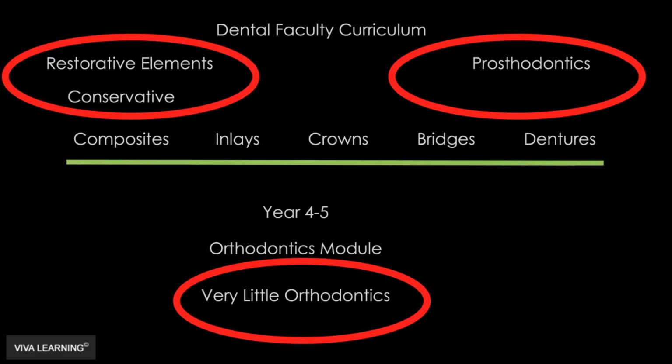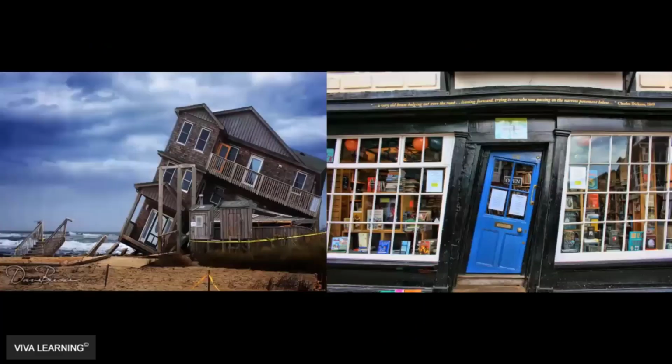At least that was in my experience, and you learn very little of orthodontics. I actually remember that with all the tracing and everything that the tutors required, I always had a bit of a, I don't know where I am with this tracing. I don't know what I'm doing this for. So I guess we were taught to build restorations on crooked teeth, right? I think you're probably familiar with this concept.